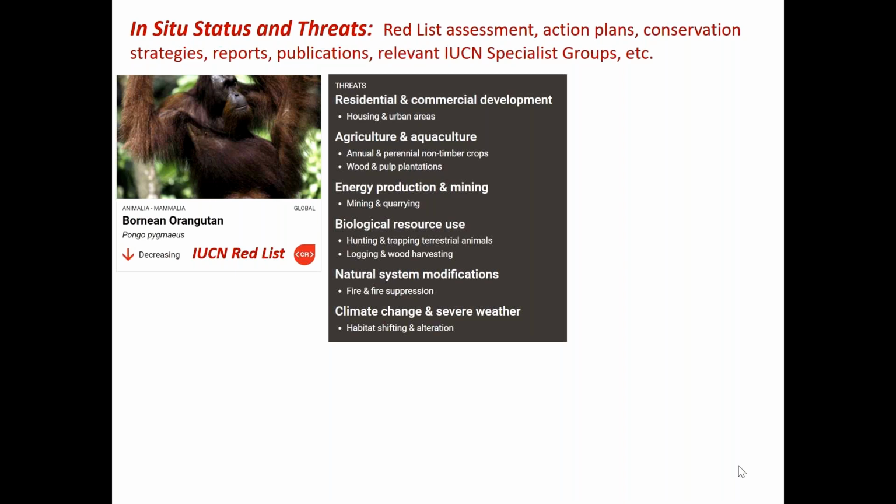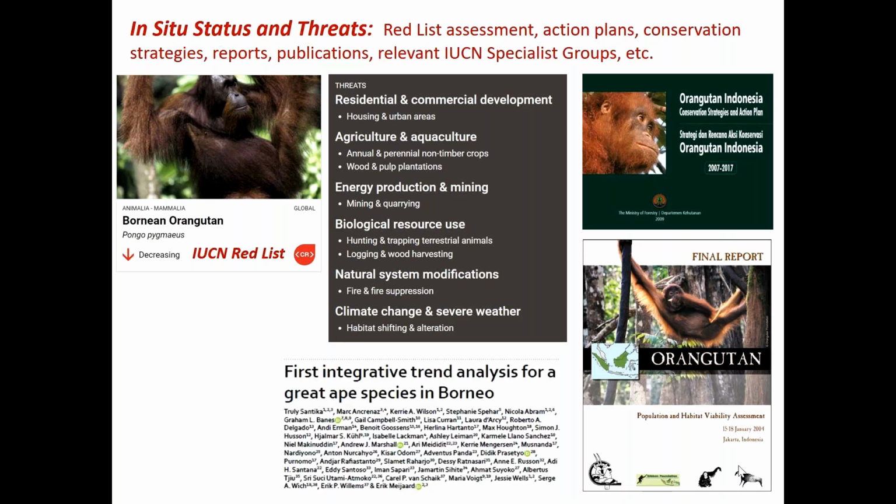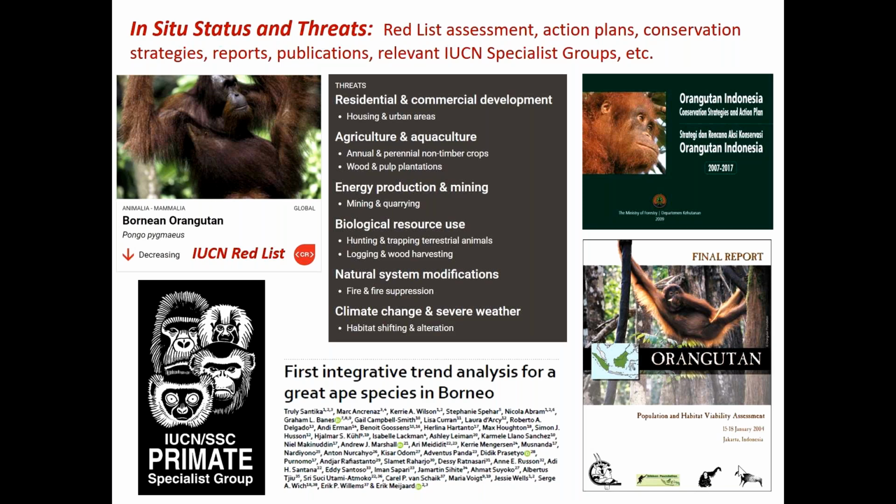But you can go to other places too. If there are any current conservation strategies or action plans, you can look for publications particularly dealing with threats. Certainly go to the relevant specialist groups, including the taxon specialist group for that species. And there are many areas where you can get an idea of the status of that species and what's threatening its survival in the wild.